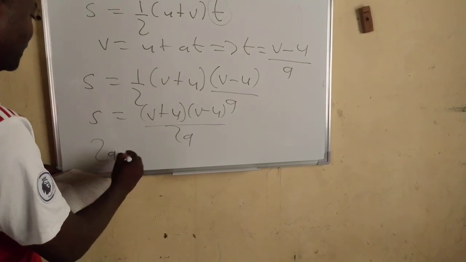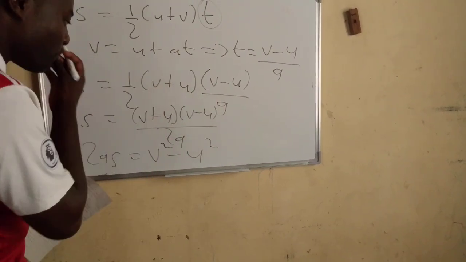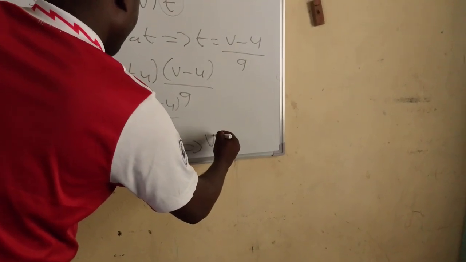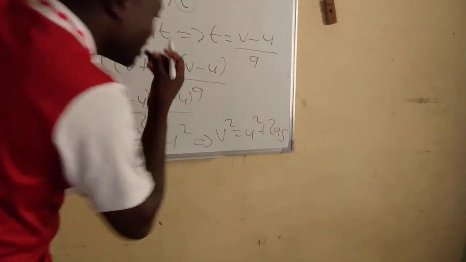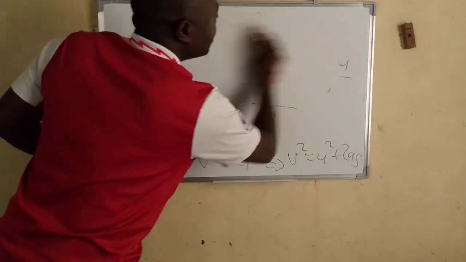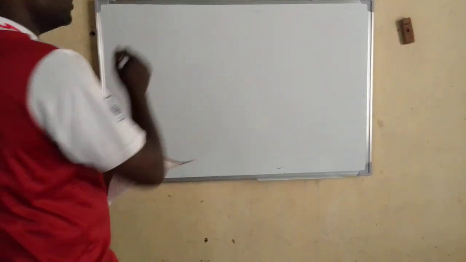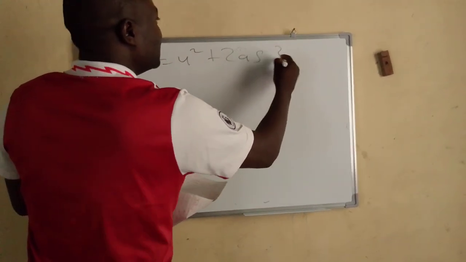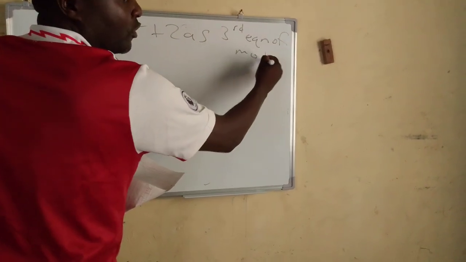So 2as is equal to v squared minus u squared. If you expand this bracket, we have v squared is equal to u squared plus 2as. This is the third equation of motion.